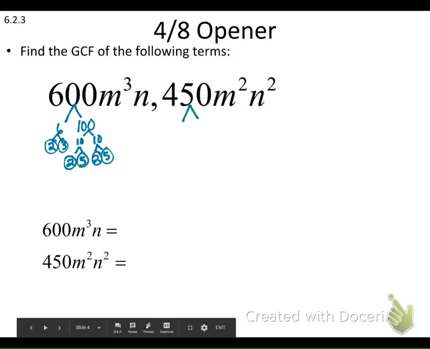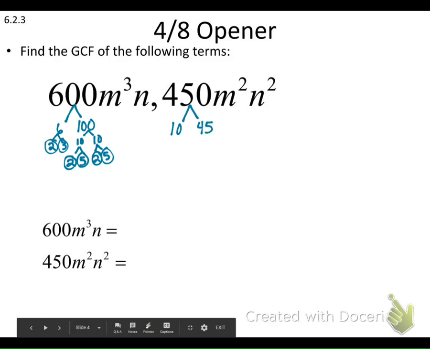Okay? So then for 450, Danielle, what are two numbers I can multiply together to get 450? Ends in a 0. Okay. So if it ends in a 0, I would use 10. And then if I take that 0 off, what am I left with? So 10 and 45.